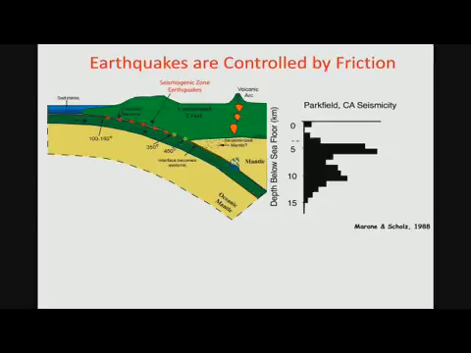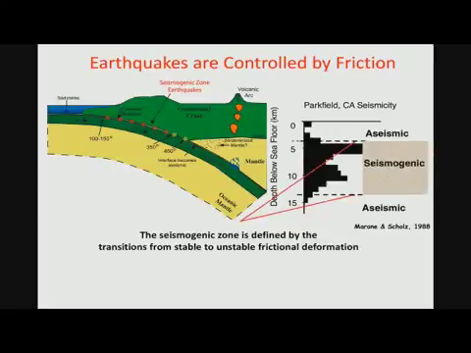So we see an analogous transition. So, we see some kind of aseismic behavior, which is believed to be stable sliding. We know the plates are moving, so we're accommodating that motion somehow. Creep and stable sliding, transition into some kind of unstable seismogenic zone, and back out.